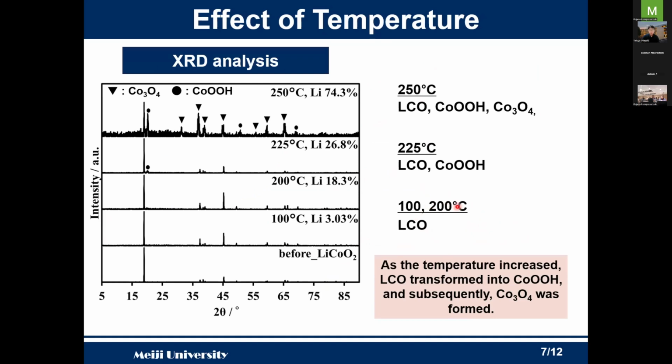At 225 degrees Celsius, LCO and cobalt hydroxide are observed. At 250 degrees Celsius, LCO, cobalt hydroxide, and cobalt oxide are observed. As temperature increased, LCO transformed into cobalt hydroxide, and subsequently cobalt oxide was formed.